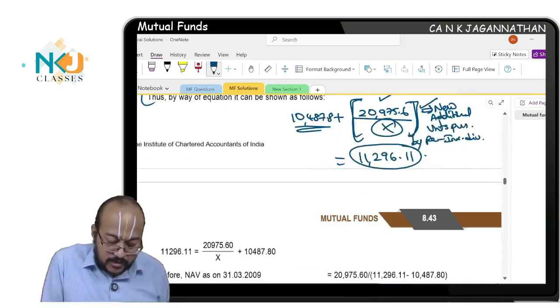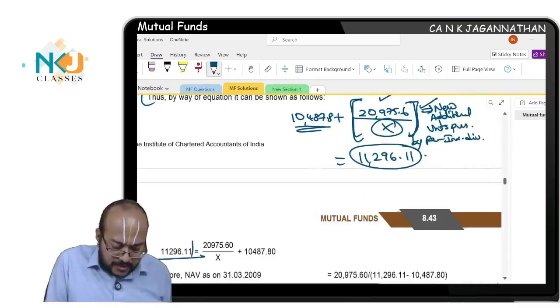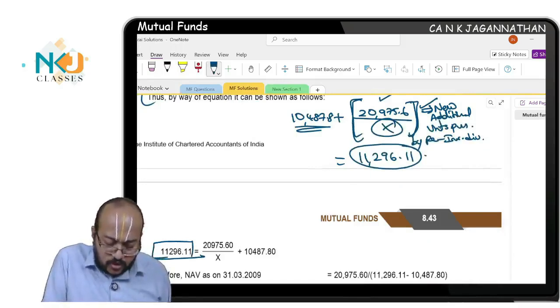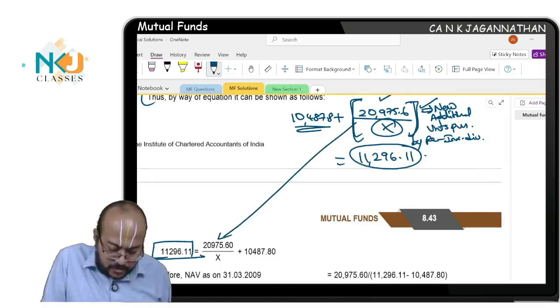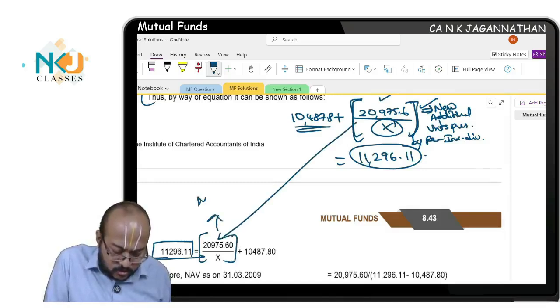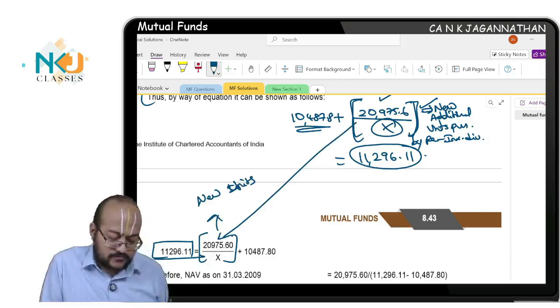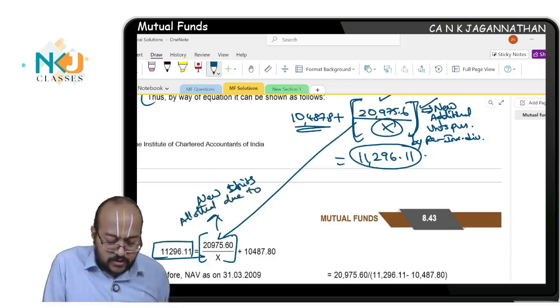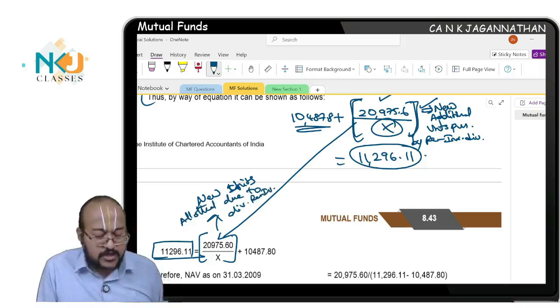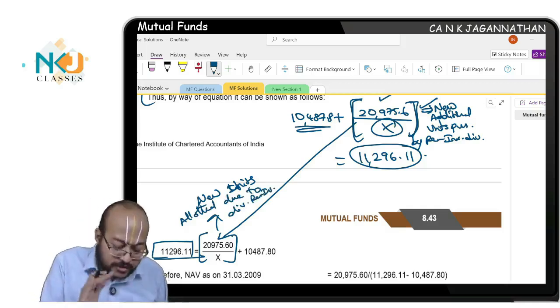So see the equation, you will understand. 11,296.11 is equal to 20,975.6, which is the new units allotted due to dividend reinvestment, divided by X, plus 10,487, the opening number of units of the second year. Are you all understanding? This is nothing but dividends converted to units. At what NAV?